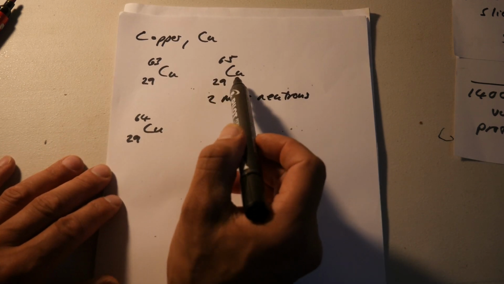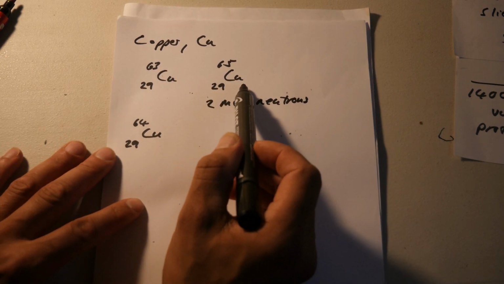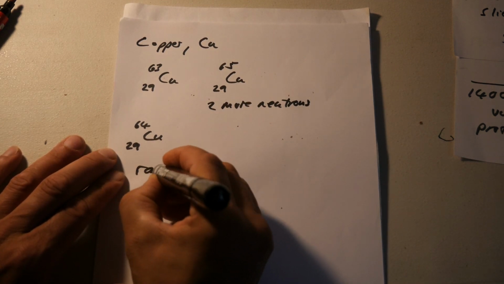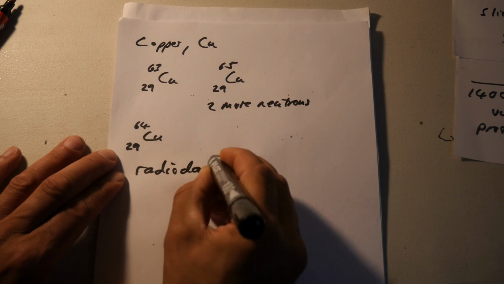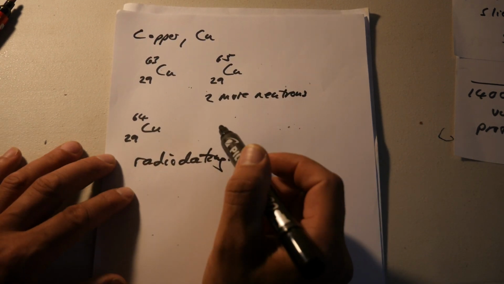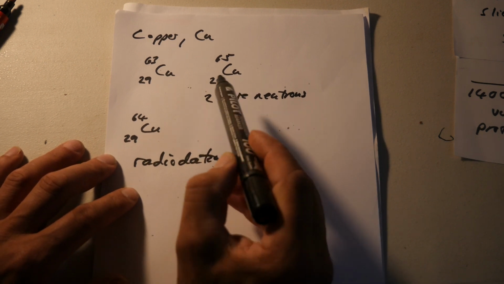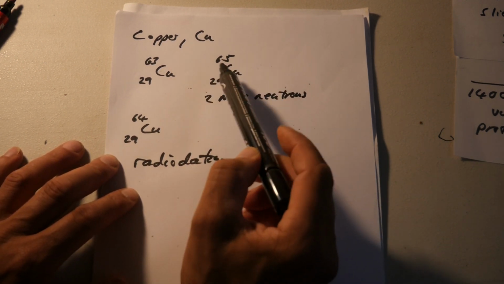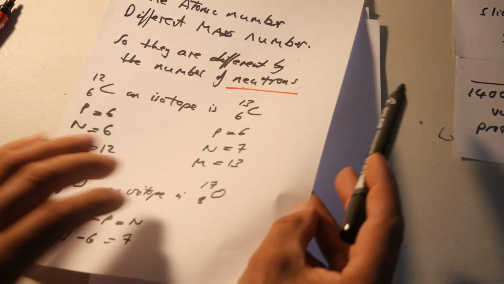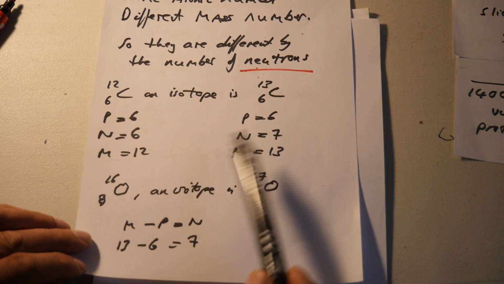And you find sometimes when you're radio dating, when you take archaeology or rock samples, you can work out how old things are by looking at the isotopes of an element like oxygen or carbon, okay?